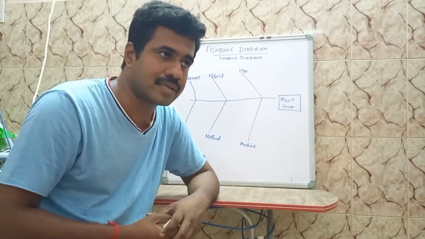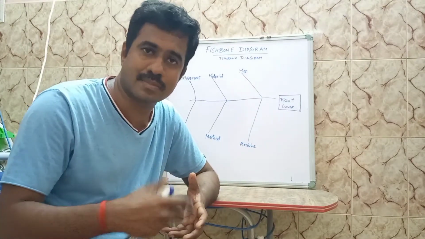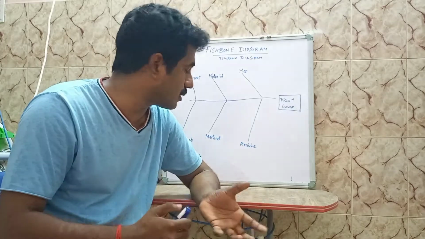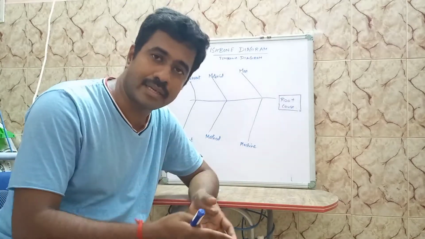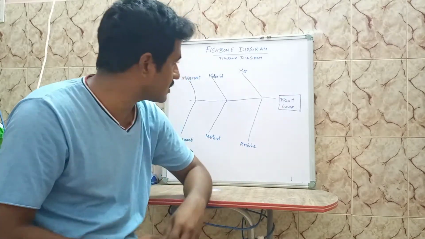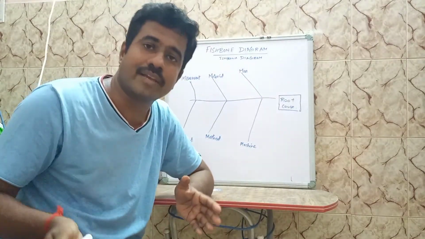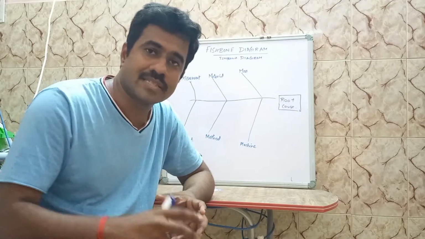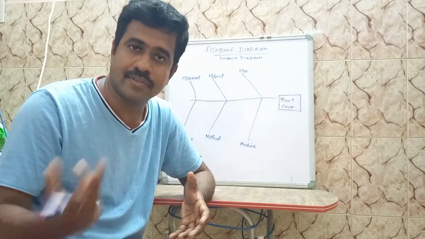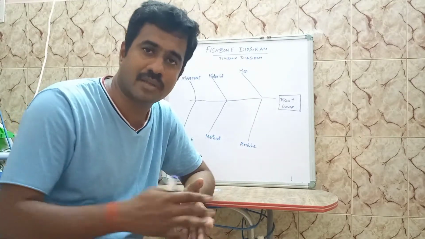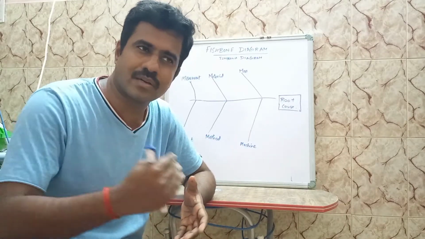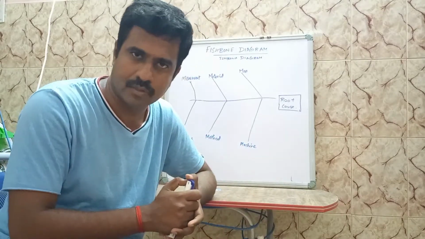Suppose there is a machine breakdown, or a spindle breakdown. You need to find out, is it really from the cause of the man? So you just need to write down what are the significant and insignificant causes. Significant means the factors which can contribute, and insignificant means the factors which cannot contribute, those which are not related to the root cause of the problem.